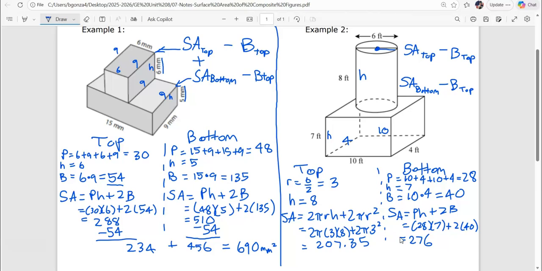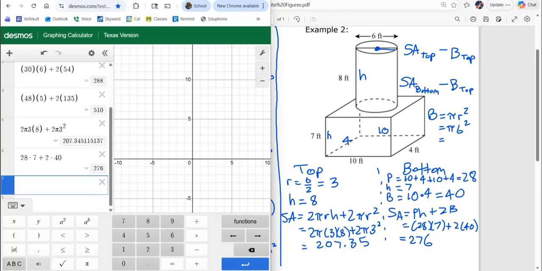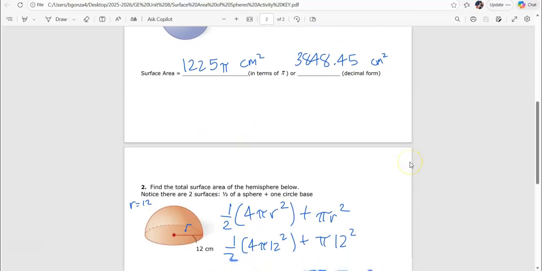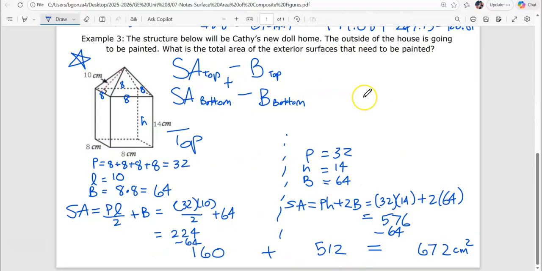Now, what is this shape, the base of the top? Circle. How do I find big B, area of a circle? Pi r squared. Pi 6 squared. The area of the base, pi 6 squared, is 113.1. Okay. So what are we going to do? Hold on one second. What is this?